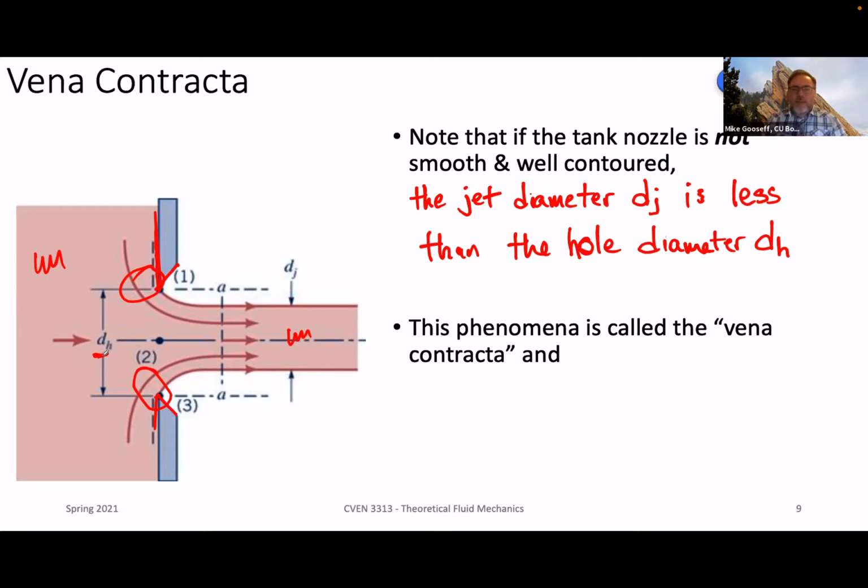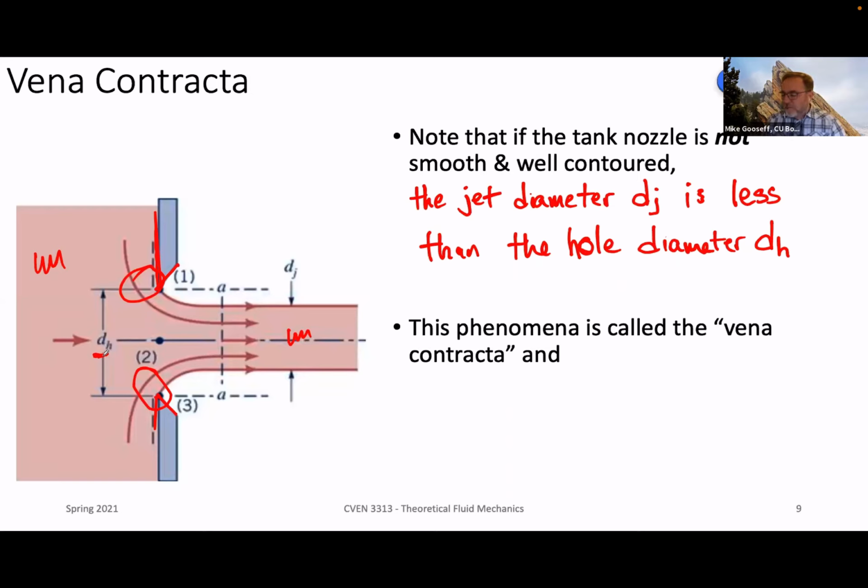So what that means is if you wanted a particular flow rate, and so you controlled the size of that hole, figuring that's your area, you're not getting that full area when you have a sharp opening like this, okay? So your actual cross-sectional area is dictated more by this vena contracta, and we'll talk about some standard ratios for this in a moment.